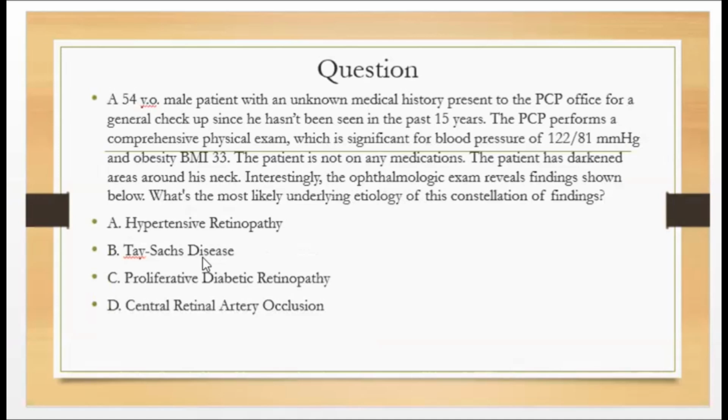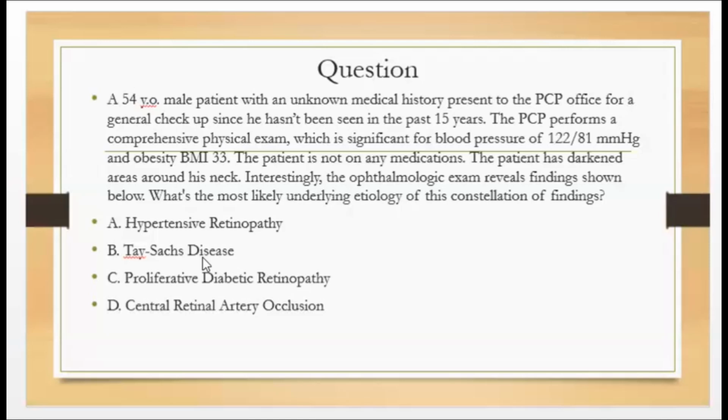Blood pressure 122/81. Obesity. The patient is not on any medication. The patient has a darkened area around his neck. Interestingly, the ophthalmology review shows the findings shown below. What was the likely underlying etiology of these findings?